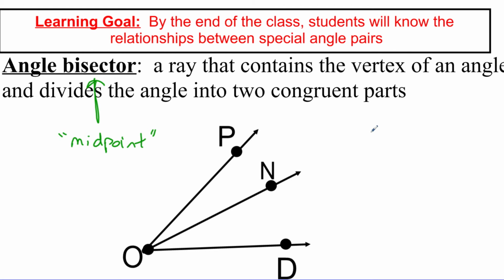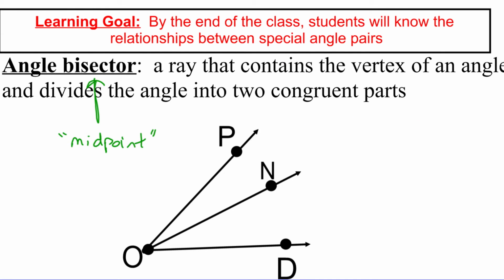Remember when we were talking about lines, and I said if I have some line that's maybe 24 units long, and I put a midpoint in here, that this is going to be broken up into 12 and 12. When we see the word midpoint on a line segment, we know that the parts created are now equal in length, and they are exactly half of the original line segment. So this is the same thing, but in angle terms.